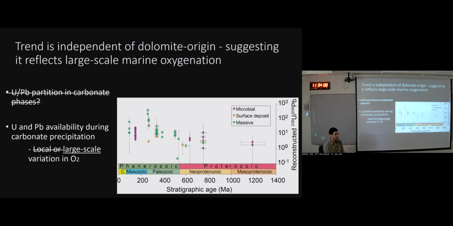The main signal that we see is not controlled by local variation in redox, and we associate it with a larger scale oxygenation, maybe at the scale of an environment like shallow seas, and maybe even global, right?